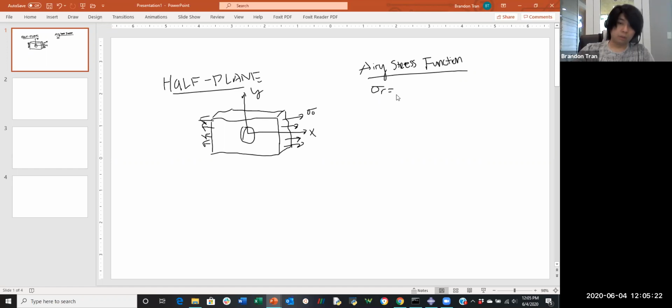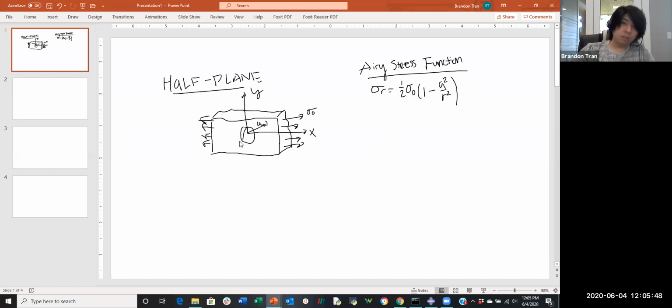So we'll start off with sigma r, which is 1/2. I'm going to be very complete here since I think I have time. Sigma r is 1/2 sigma 0, whatever the applied uniaxial stress is, times (1 minus a squared over r squared). So what is a? A is essentially the radial distance from the origin or center of that circle to whatever point you choose.